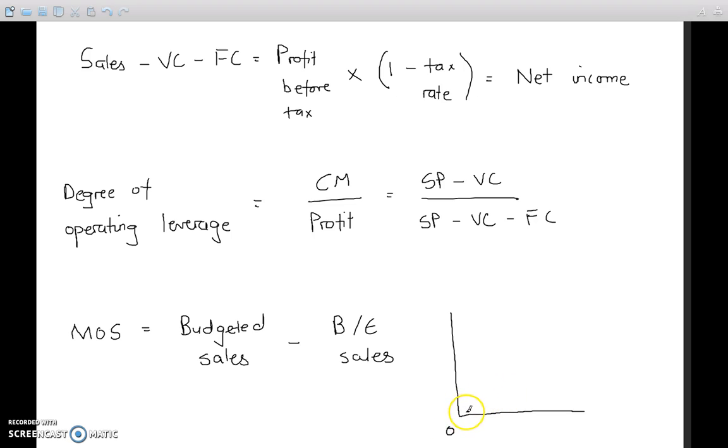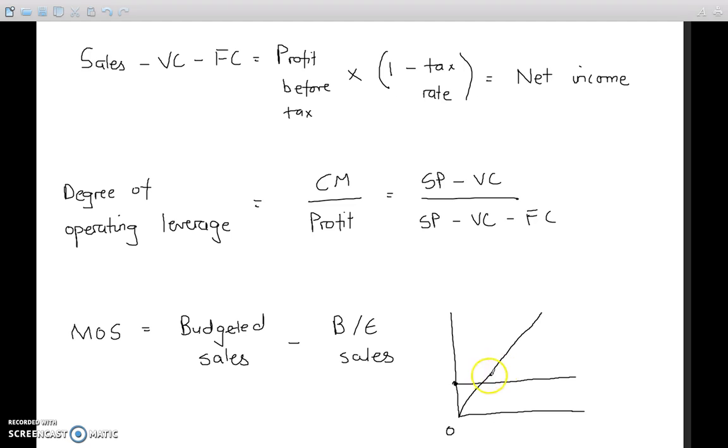So now I'm going to go step by step. I'm going to start off with sales. So sales start off at 0 and they rise as your units rise. Am I right? So far so good. And then your fixed costs, remember from our previous chapter, start off here. There we go.